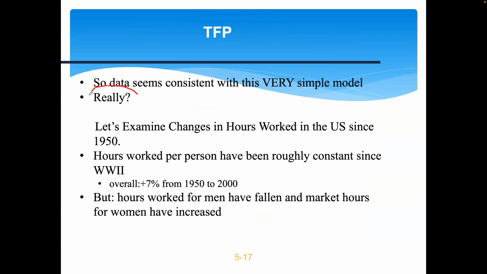Now, is that really a perfect model? We may look into the data in detail, and particularly we are going to examine the hours worked in the US since 1950. Here is the aggregate data we know. Hours worked per person has been roughly constant since World War II.